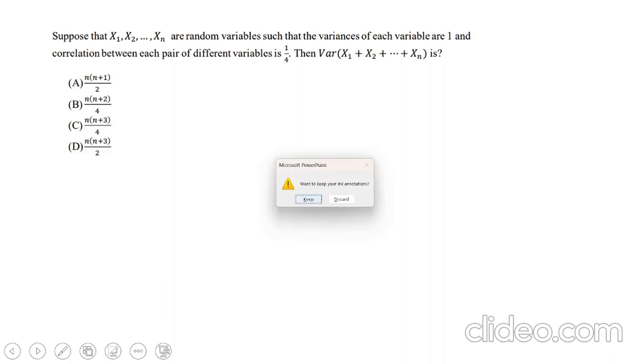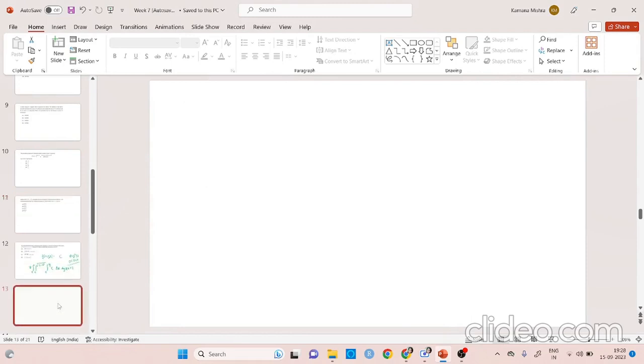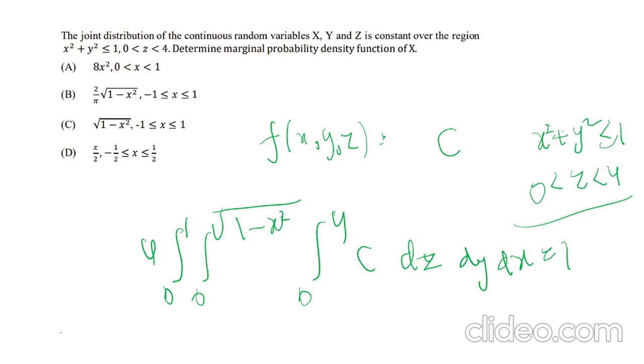Let me just add some pages here. So we can do the integration from 0 to 1 and 0 to root of 1 minus x square.